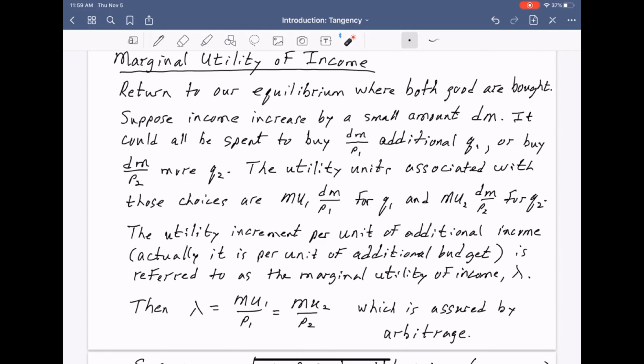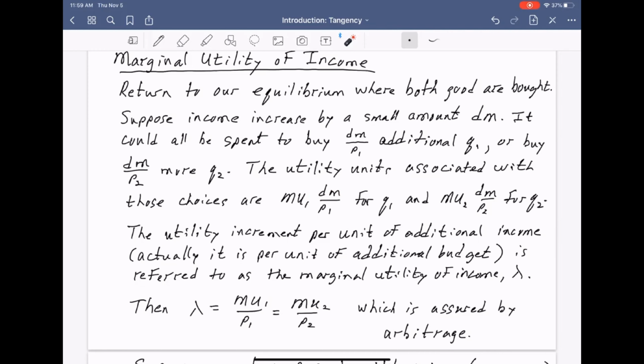And again, we're going through this arbitrage condition. The utility units associated with these choices are the marginal utility of 1 times the change in M over P1 for good Q1. This is the amount of utility units we get if we simply buy all Q1 with our change in income.